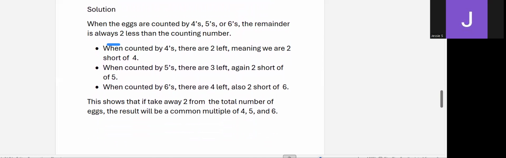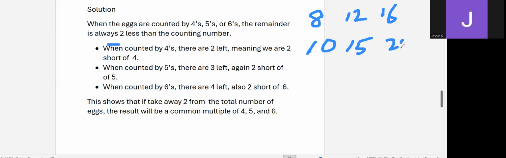If you count by 4, for example, you have 8, 12, or 16, it just goes on forever. If you count by 5, you have 10, 15, or 20, it just keeps on going. And then you count by 6, you have 12, 18, 24, and the numbers keep on going.